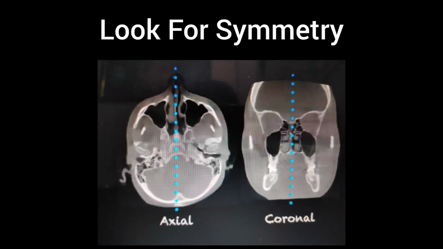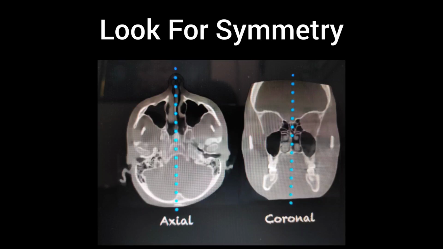So now we're going to look for the symmetry of the shape or size of the bone or the density of the bone. We want to compare a patient's right side with their left side. We can easily look for symmetry in axial and coronal view, though you do not have the ability to compare right and left sides in sagittal view.